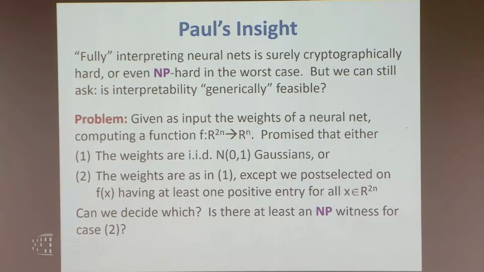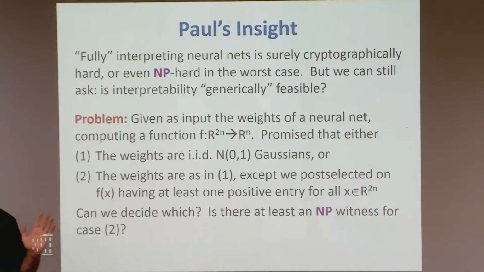Let's say that you are given as input the weights of a neural net, which is computing some real function f, let's say mapping 2n real parameters to n. Now you are promised that one of two things is true. Either the weights are just independent Gaussians of mean 0 and variance 1, or else the weights started out Gaussian, except then we post-selected on some global property of the network, such as: for every input x, the output f of x has at least one positive entry.